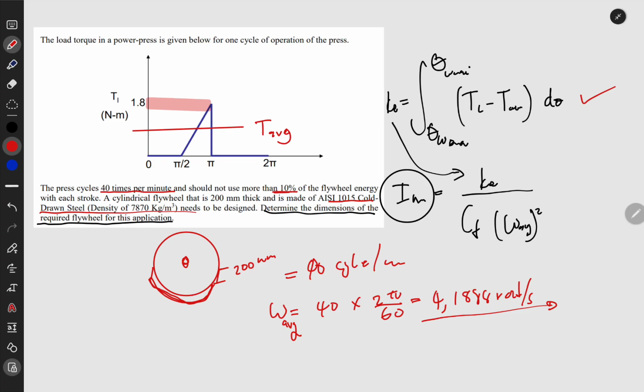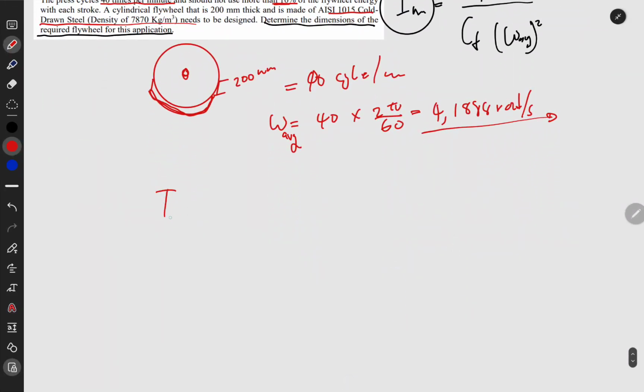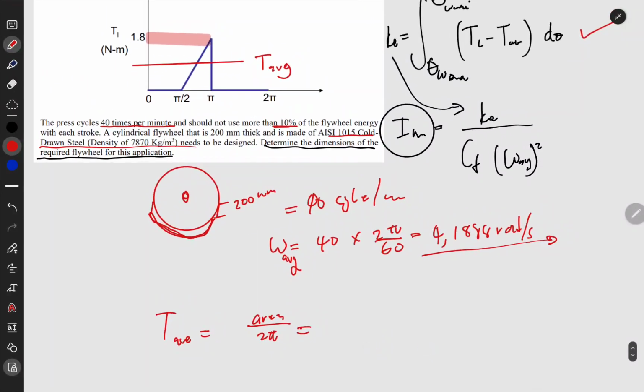Okay, so I think it's worth noting that torque average, just look at it as like an area all over 2 pi. So what is our area here? When I say area, I mean this blue area. Okay, let me get it proper. This blue area.